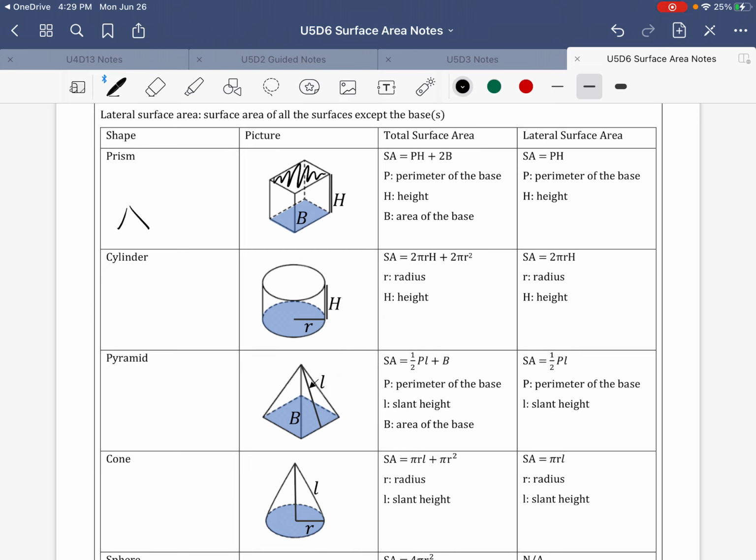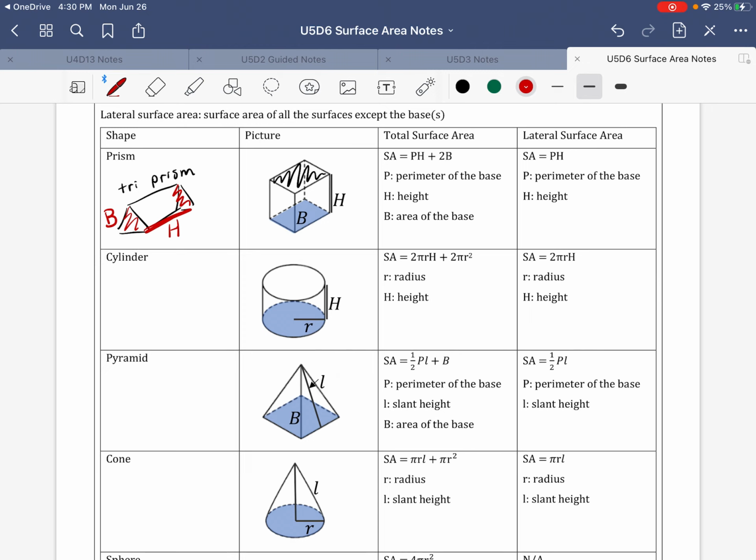By comparison, if we had maybe a triangle like that, then this would be a triangular prism, where this triangle and that triangle would be our bases, and then this value here would be our height, okay?